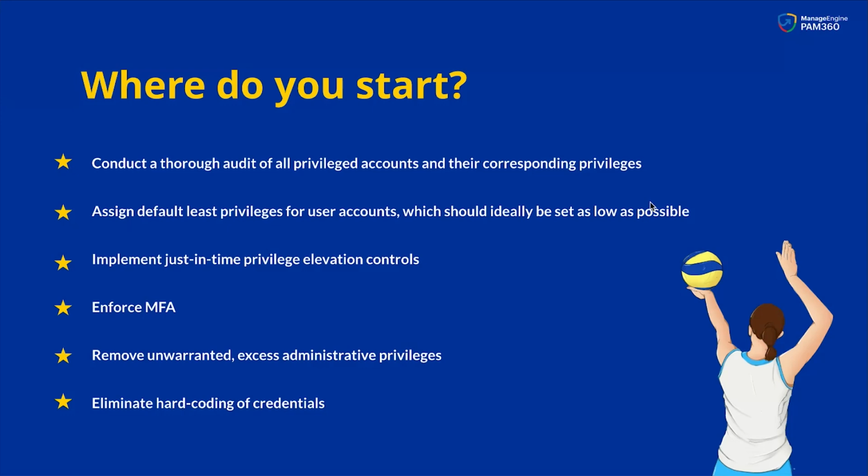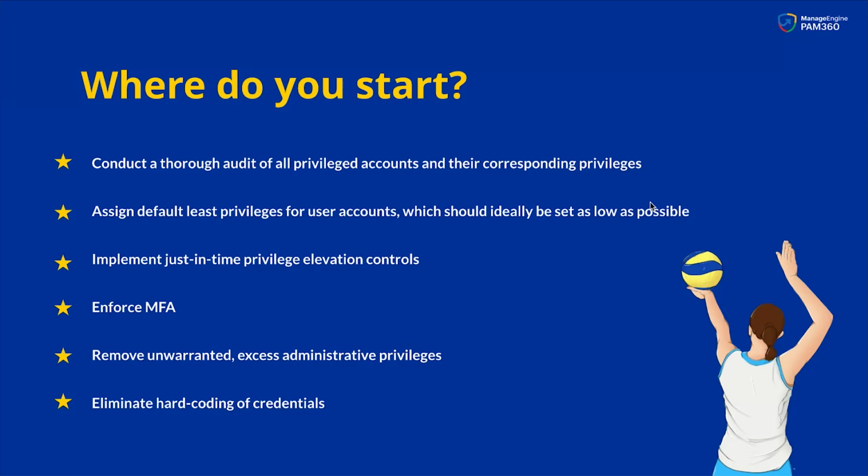Let's assume you have a CI/CD pipeline where you have code that is performing privileged operations that need passwords to be hard coded. The first step is removing the hard coding of credentials and rather using APIs to fetch the credentials required for the privileged operation from a central console, which can be PAM 360, right?